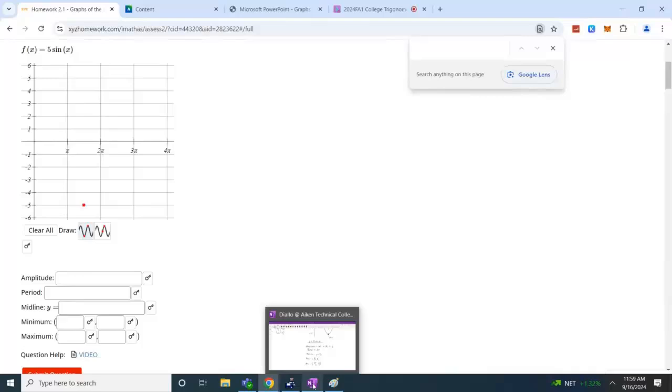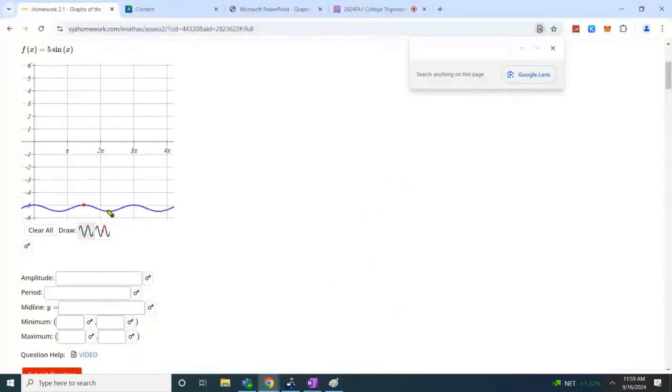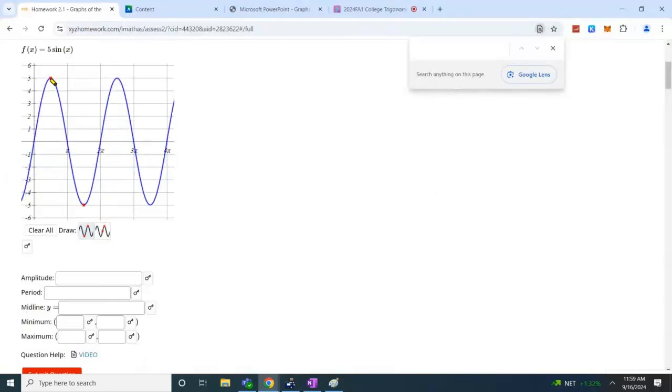So if I go back to my graph, my maximum point was pi over 2 comma 5. And pi over 2 is about right here. Comma 5. And I believe this should be the graph.